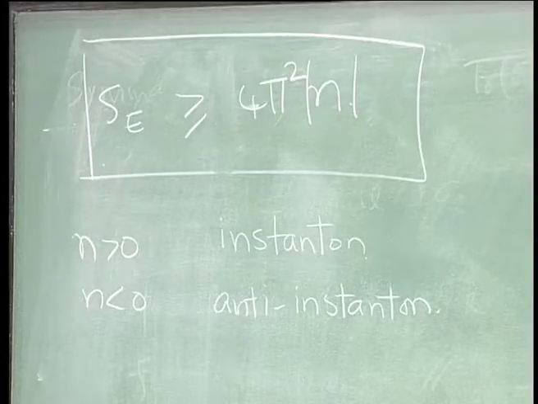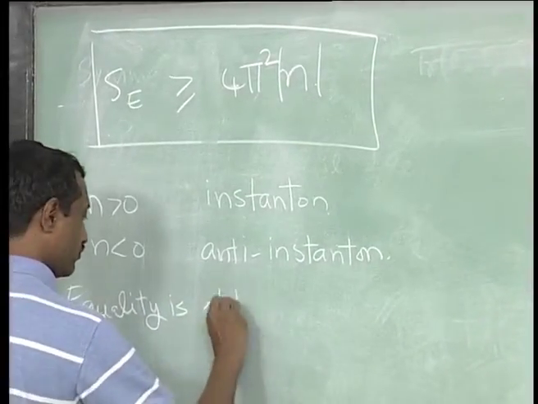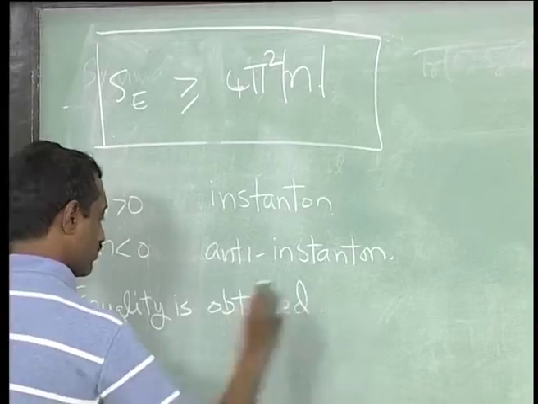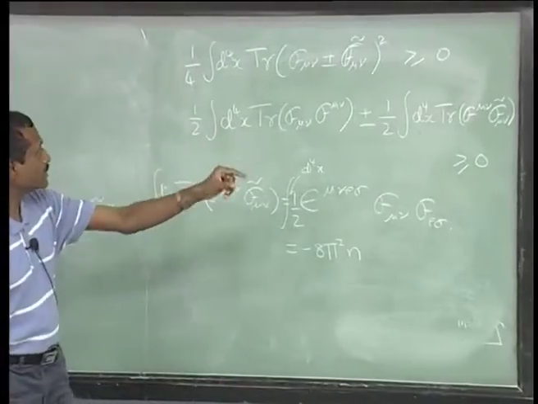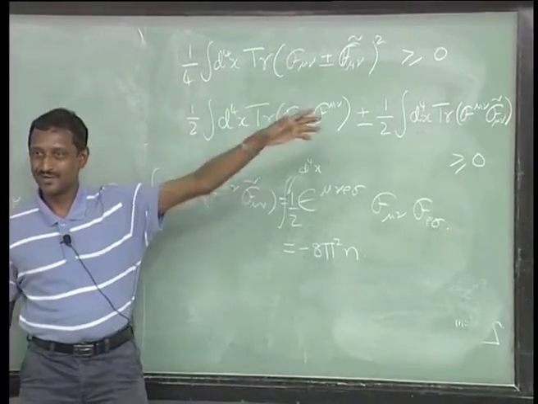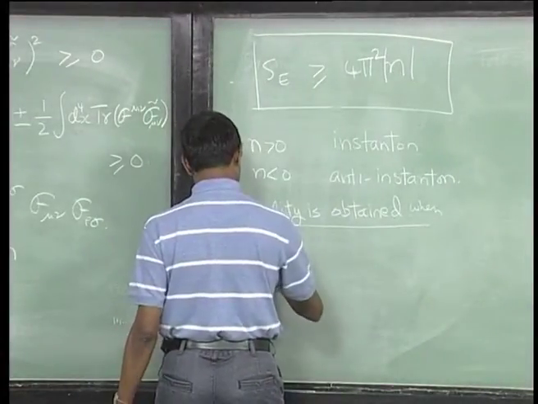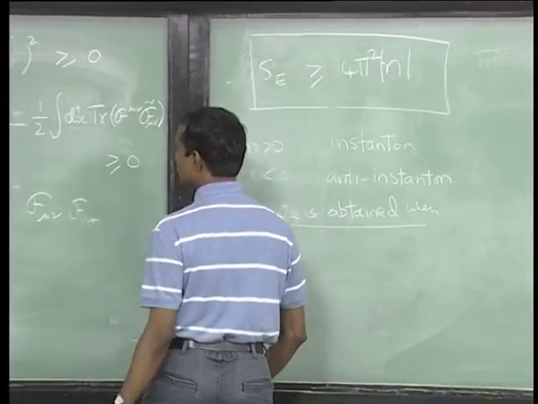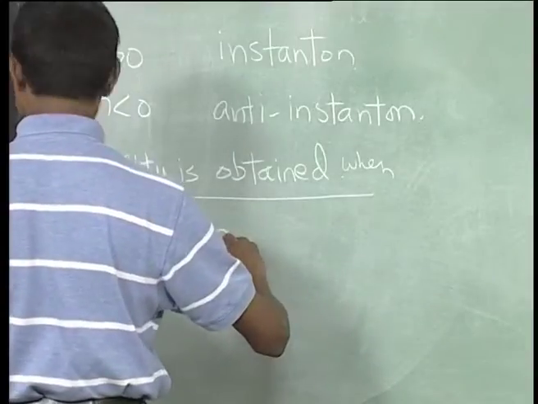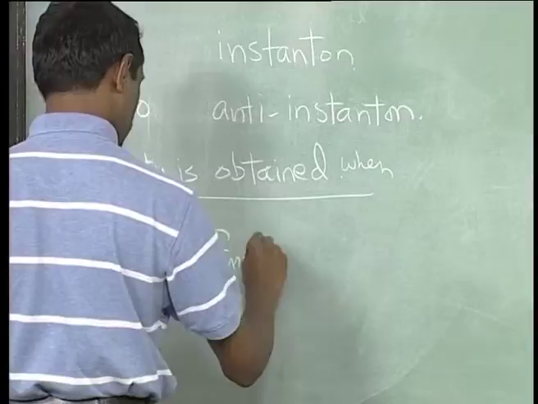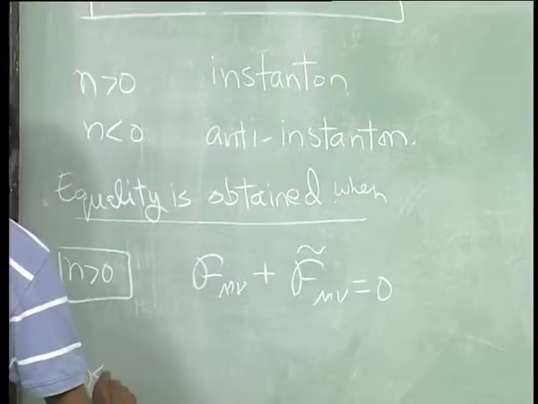So the equality is obtained when this quantity is 0, and when n is positive we choose the upper sign. So when n is greater than 0, this will imply F mu nu equal plus F tilde mu nu equal to 0, and similarly for n less than 0.